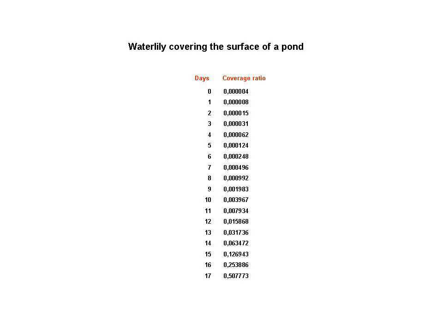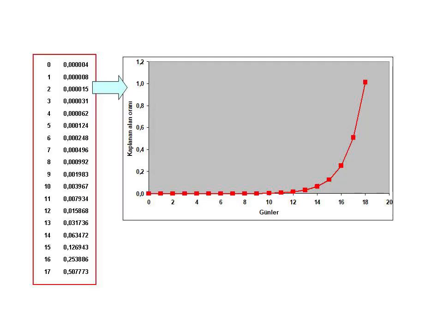and starts causing problems? If you notice the numbers, you'll see that they almost double every day. So this is a geometric series, an exponential growth. Even though it takes 17 days for the water lily to cover half of the surface of the pond, it only takes 1 day to cover the rest.